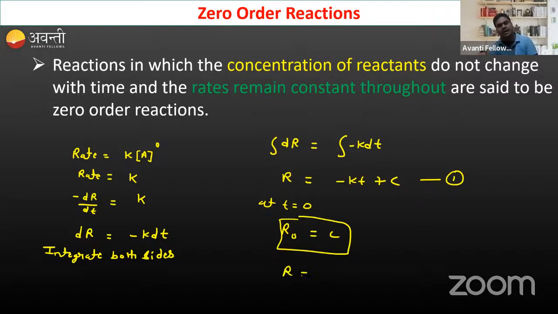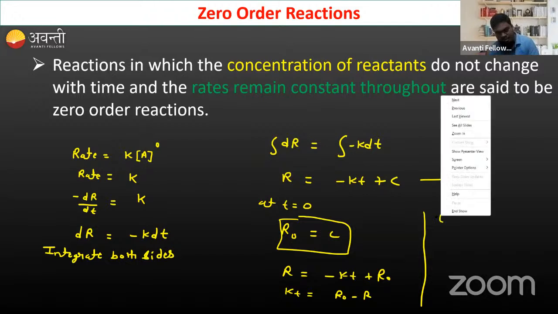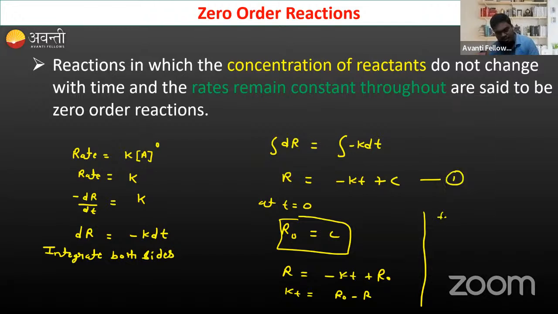Just put this in. So we have R equals minus kt plus R naught, or kt is equal to R naught minus R, or we can say t is equal to the concentration R naught minus the concentration R, upon k.